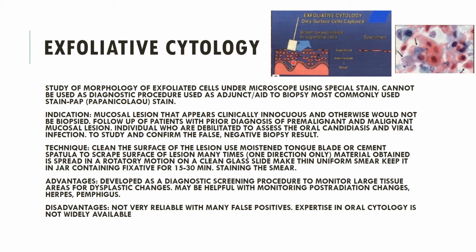Now you know in your epithelium you have the superficial layer, intermediate layers, and the basal layer, and this is your connective tissue. So you're just removing the superficial layer of cells, then you stain it with the PAP stain, and then you see it under the microscope.